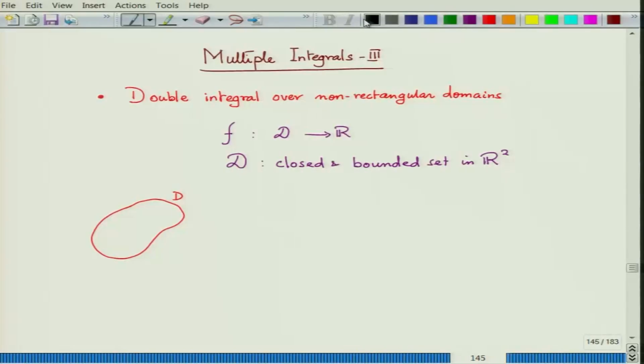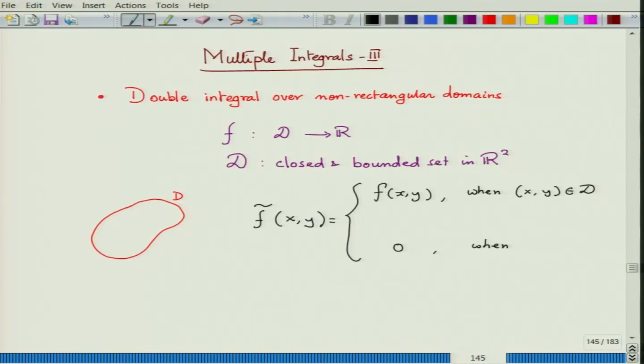We would say construct a function f tilde xy such that this function coincides with fxy when xy is in the domain D and is equal to 0 when xy is not in the domain D.